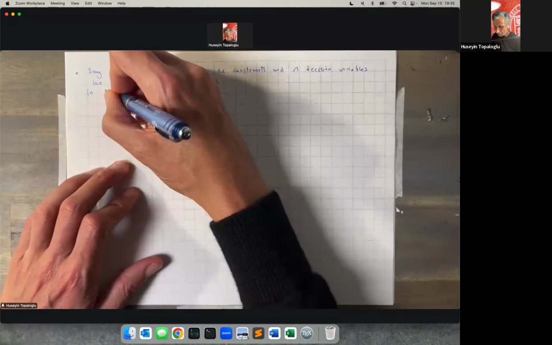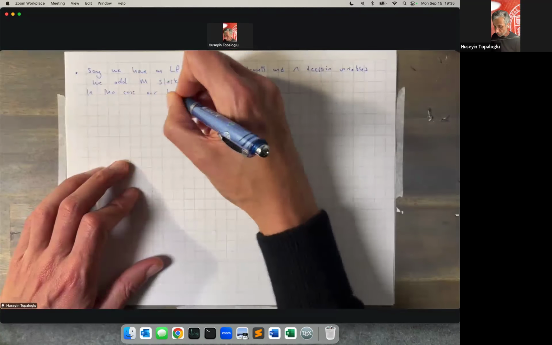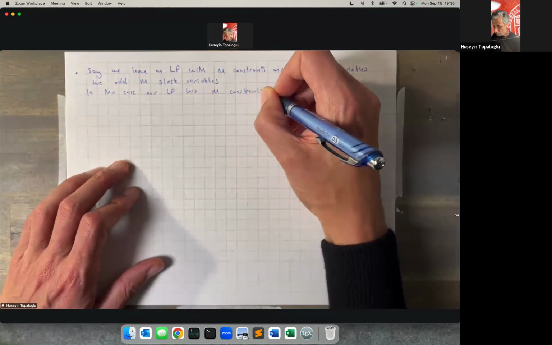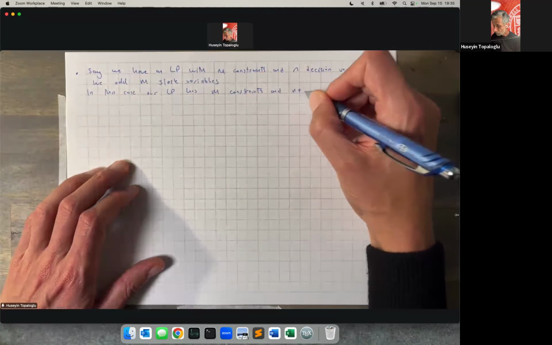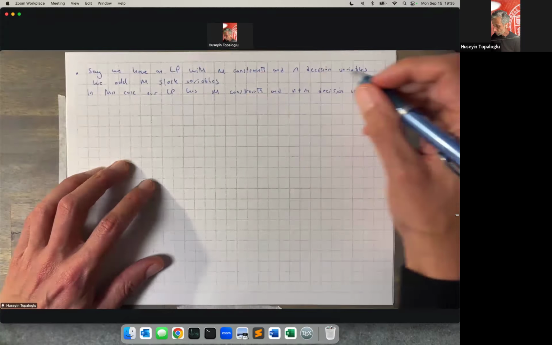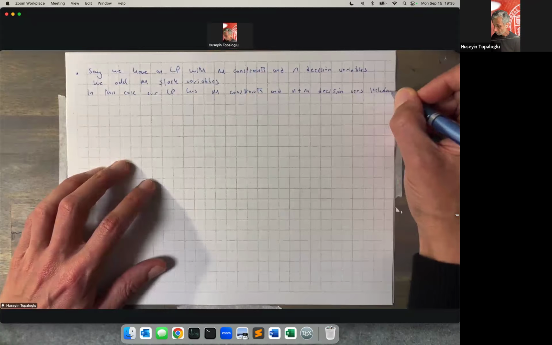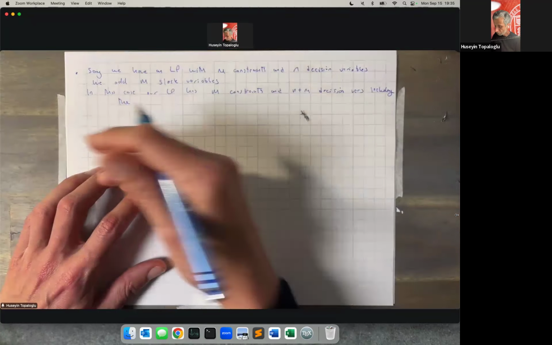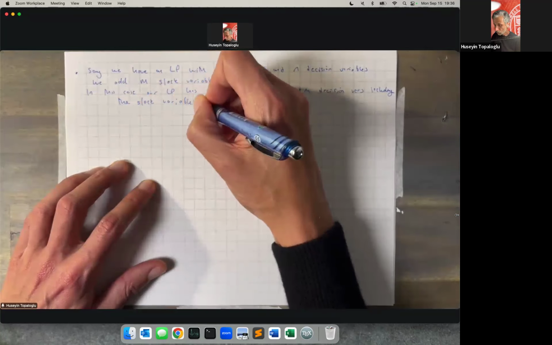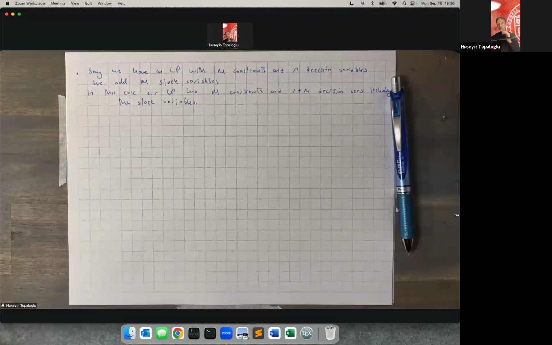So if I have a linear program with m constraints and n decision variables, after I add the slack variables, we're going to have m constraints and n plus m decision variables.